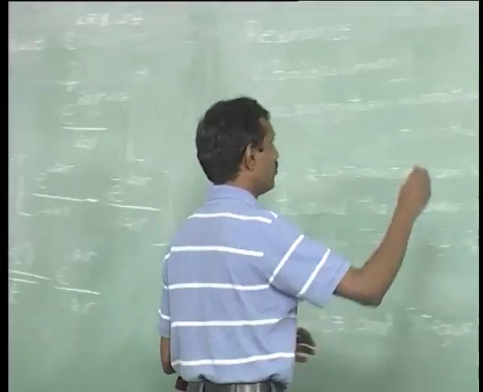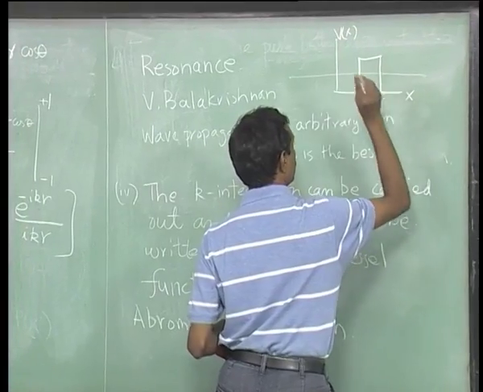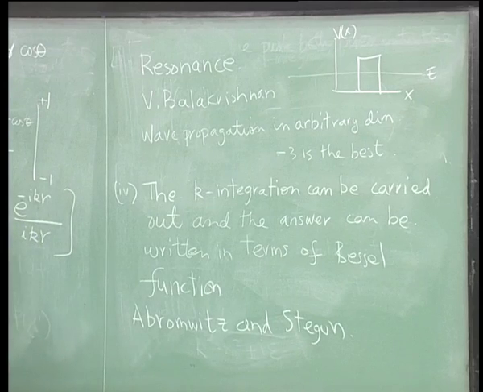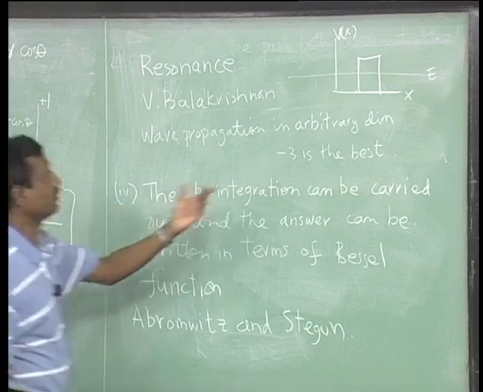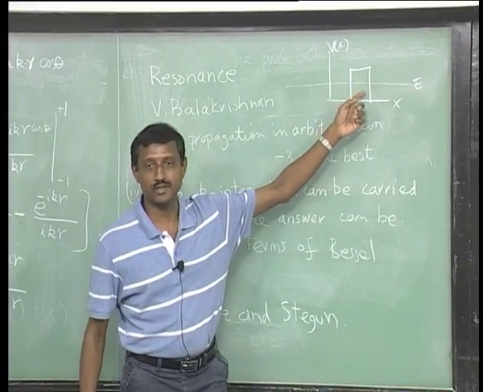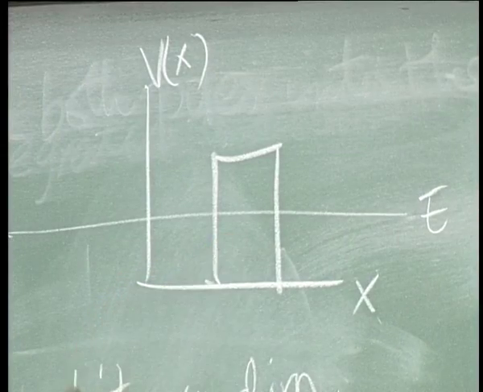Suppose you have a wall, a potential of this kind, and this is V of x versus x. If you choose a one-dimensional particle with energy less than that of the barrier, the wave function is not 0 out here, it is exponentially suppressed. It is similar to that.